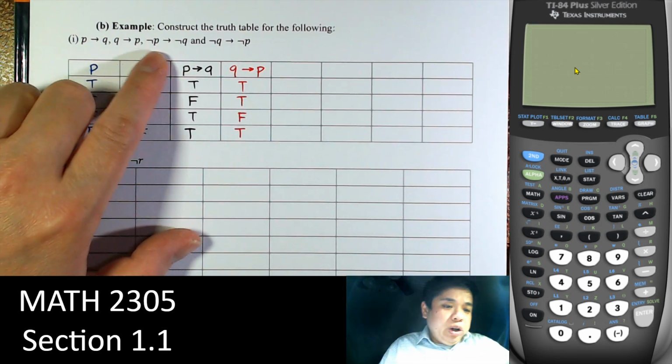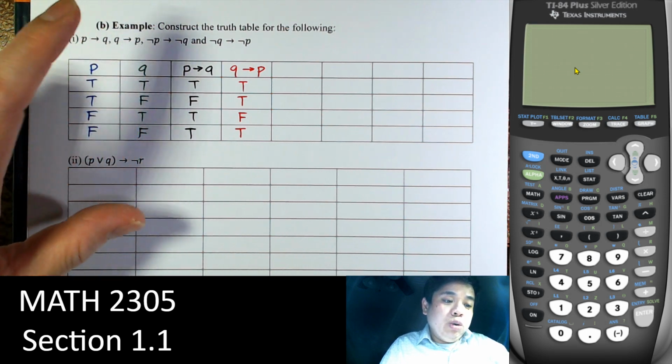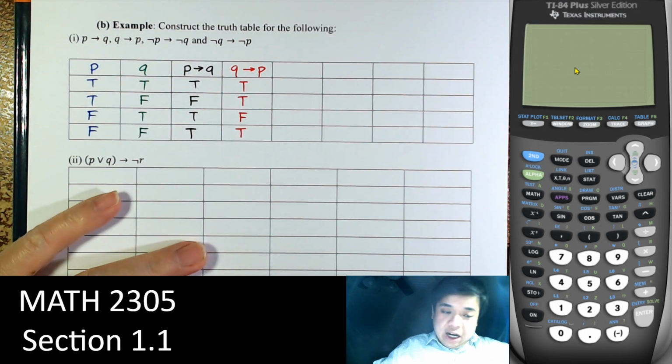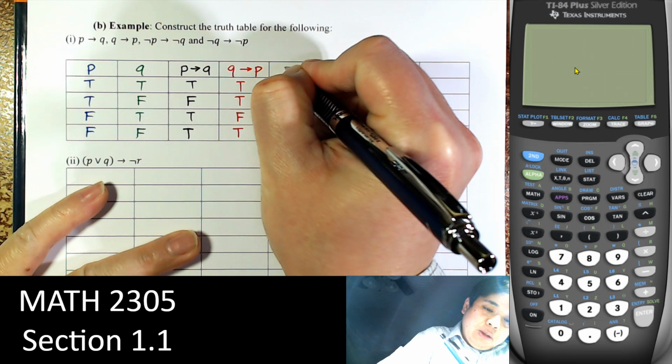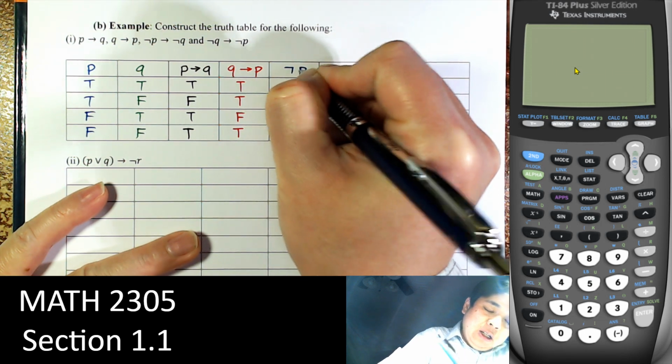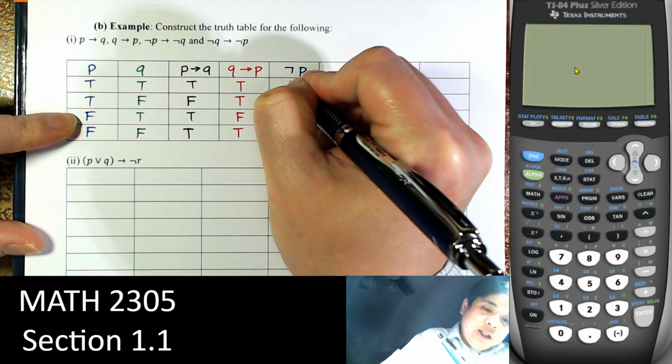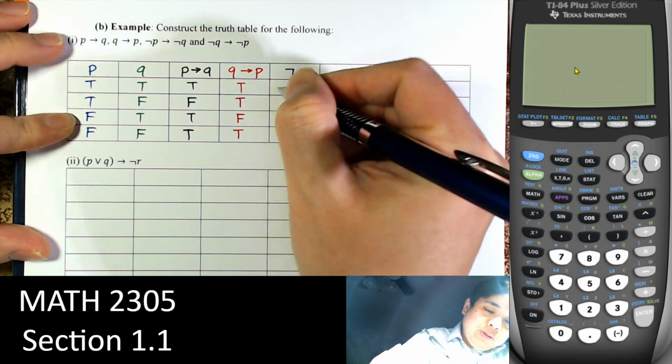Right, before we do the next two, we're just going to do the negation of P and the negation of Q. Negation of P, just turn everything true to false.